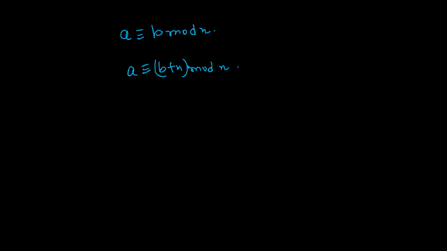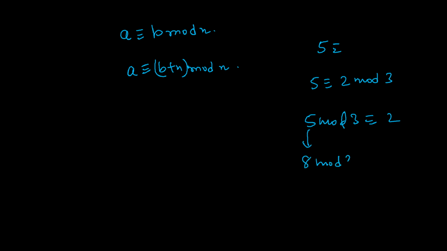For example, 5 gives the remainder 2 when you divide it by 3. If you add 3 to 5, 5 mod 3 is 2, and 8 mod 3 is also 2. So if you add n to the number, the remainder does not change.